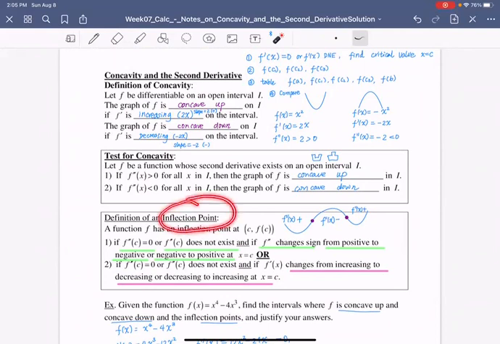For doing the inflection point, you are checking your second derivative to be 0. And then you check if your second derivative is changing from positive to negative or from negative to positive at the position of the inflection point. So don't be confused with this.